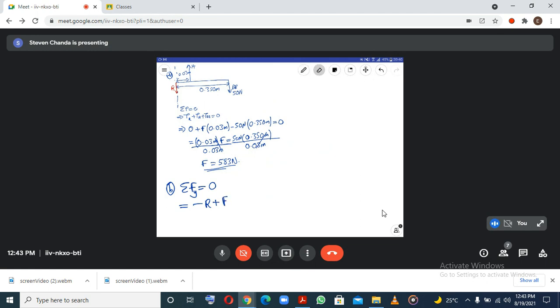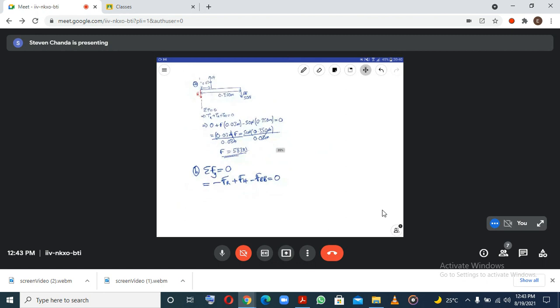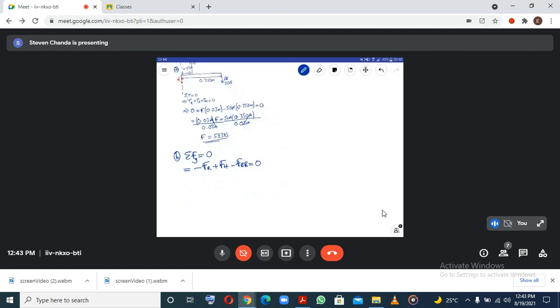Anyway, let's write them properly so that we can appreciate that they are forces. So force R. Then you've got the upward force for the humerus. Then you've got the downward force for the bowling ball. Then it's equal to zero. Since we know what these other forces are, we just move them to the other side and say the force R is the force of the humerus minus the force of the bowling ball.